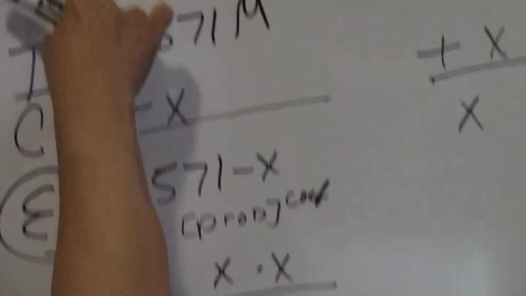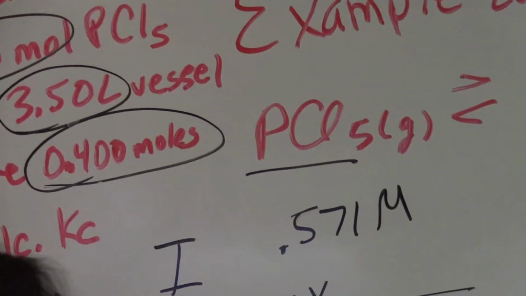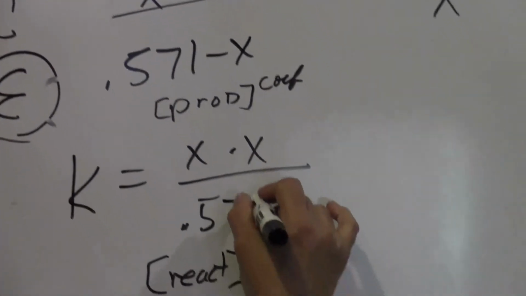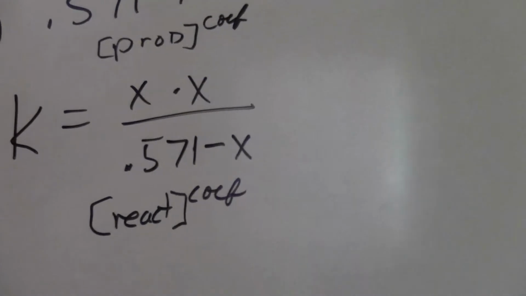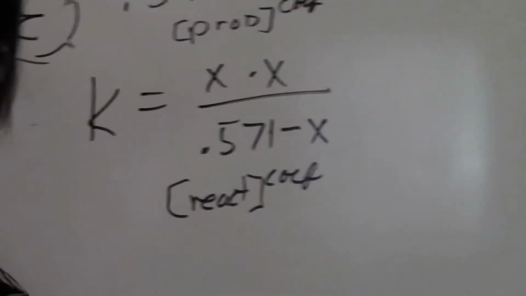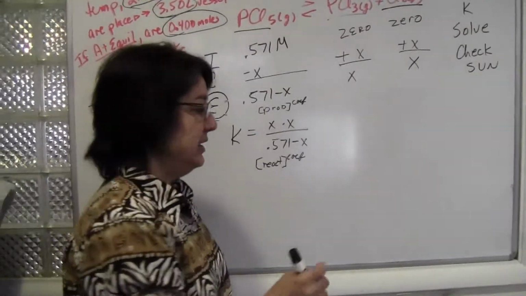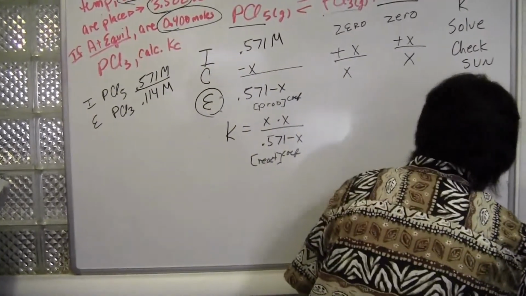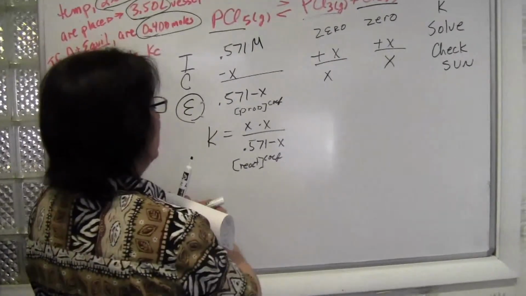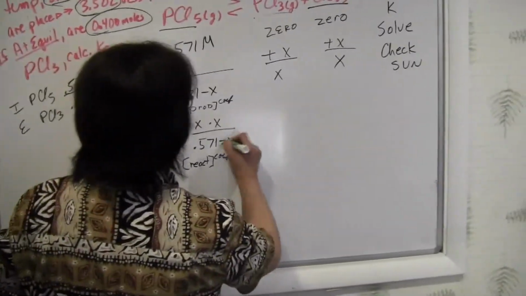And again, our coefficient is 1, so we don't have to worry about that. So I'm going to plug in 0.571. Now remember, for a final exam, I really don't think that they're going to give you something where you need the quadratic formula to solve for x. So for our purposes here, we're just going to get rid of that minus x to simplify our lives.